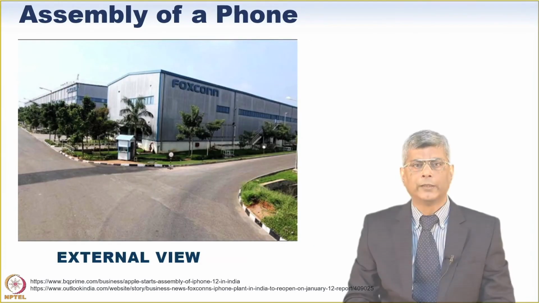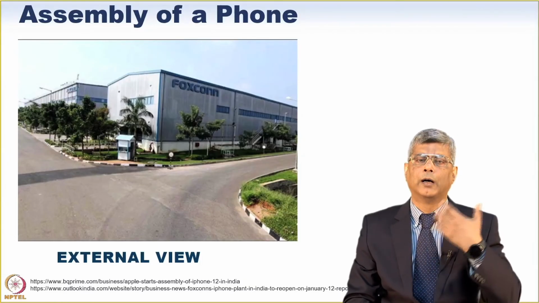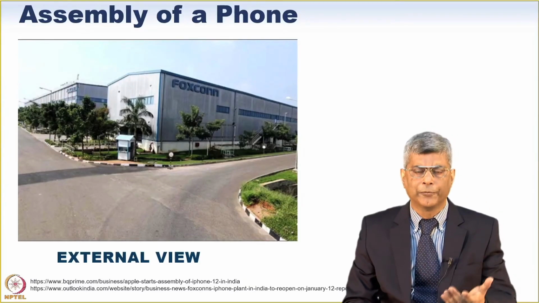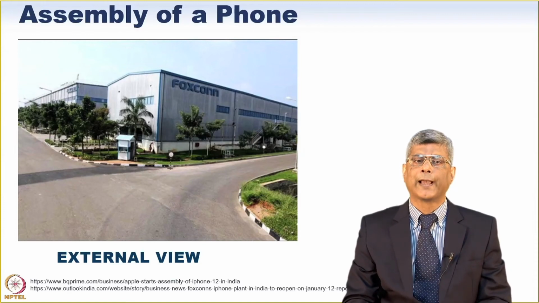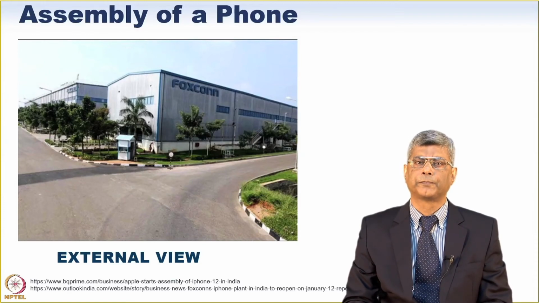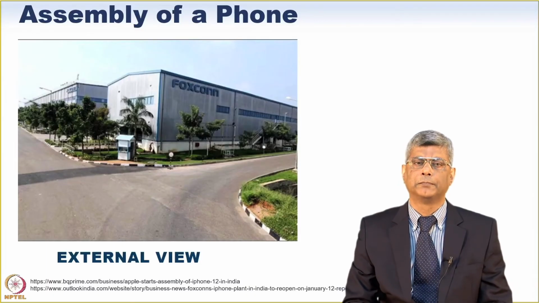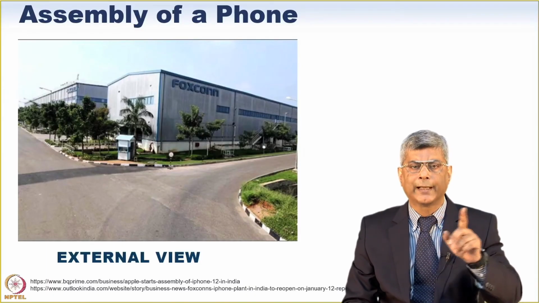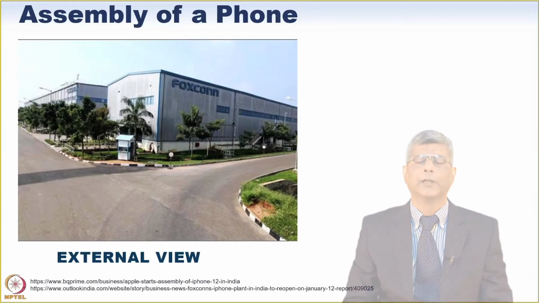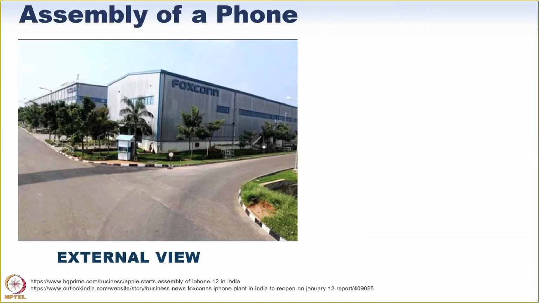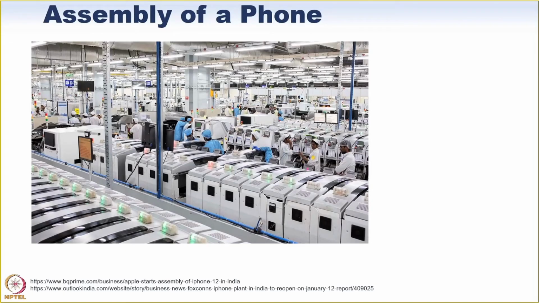So again, this is how an assembly line or an assembly factory can look like. And you should go on field trips and have a look at such factories. And I'm going to show you the inside of a phone factory.